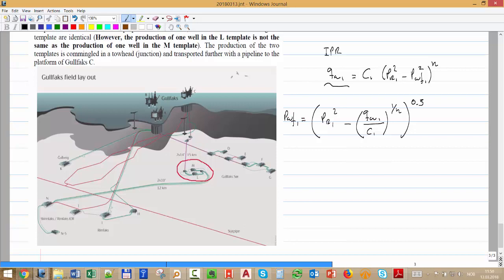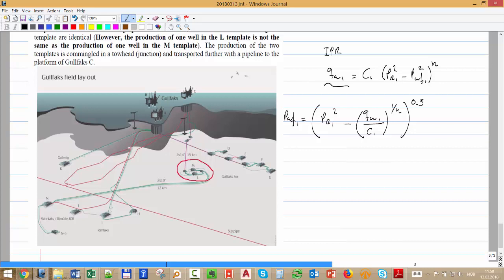That's how we will calculate the pressure at the bottom hole, right? What is the problem with this expression? If we are assuming the rate, what could happen if I make a bad assumption? It can be an imaginary number. You can get a negative number, then you have the square root of a negative number, and it crashes. If you have a complex number, the whole solving process goes to nothing.